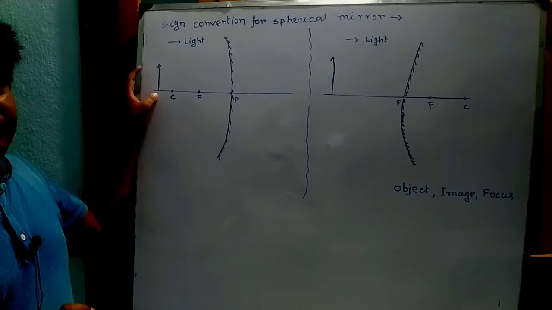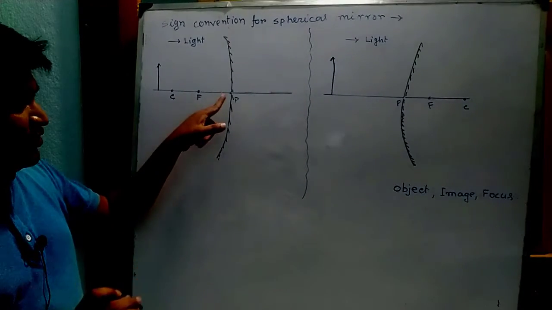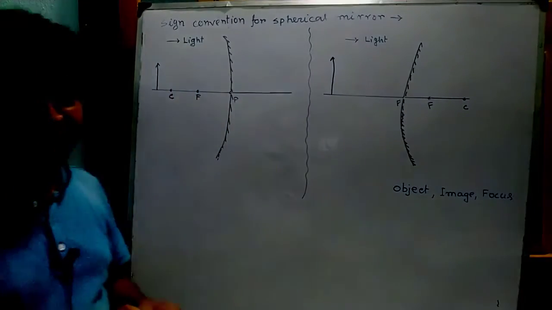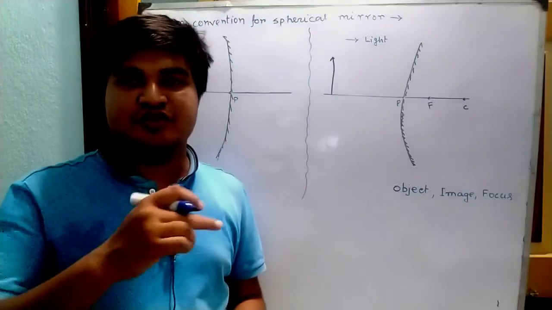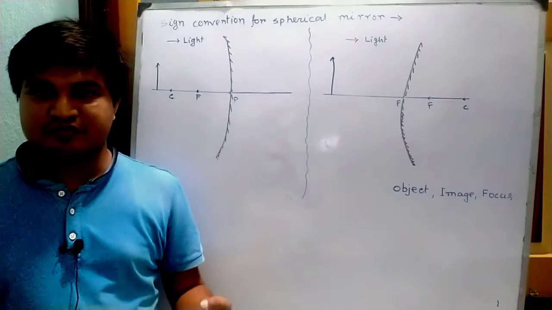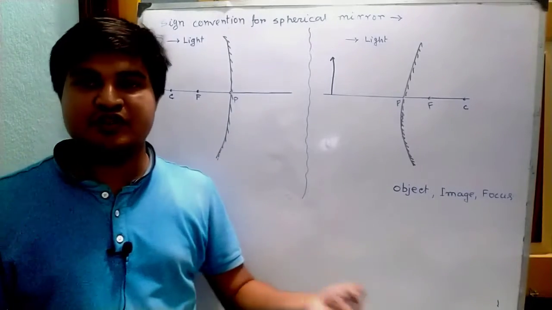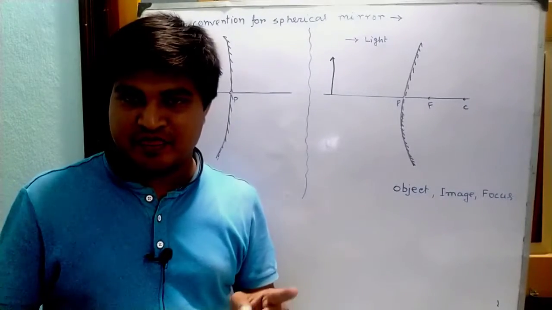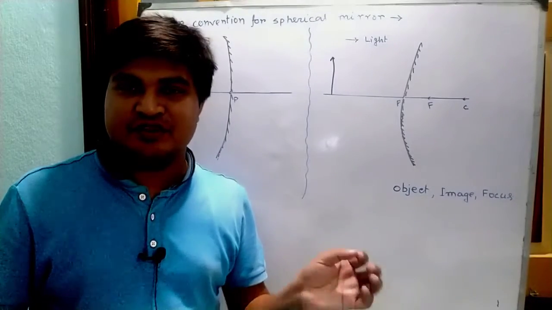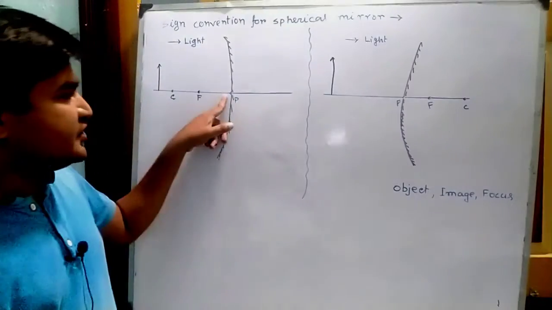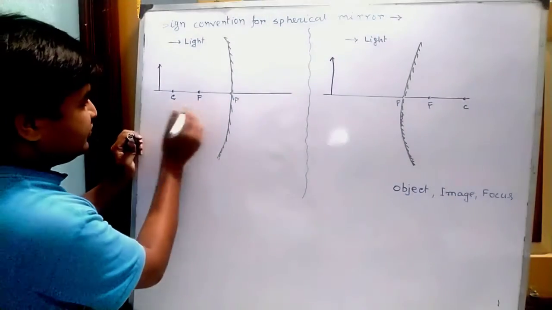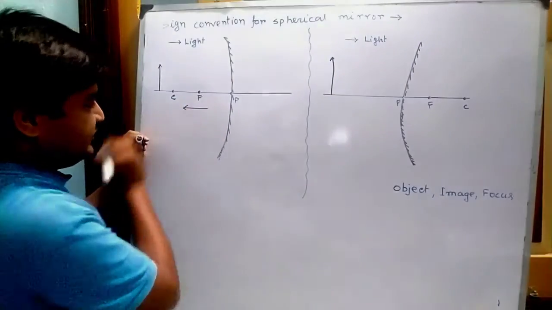So object distance is the distance of the object from the pole. So if I want to go to the object, from where do I start? From the pole. We already said the distance has to be measured from the pole. So this is our pole.